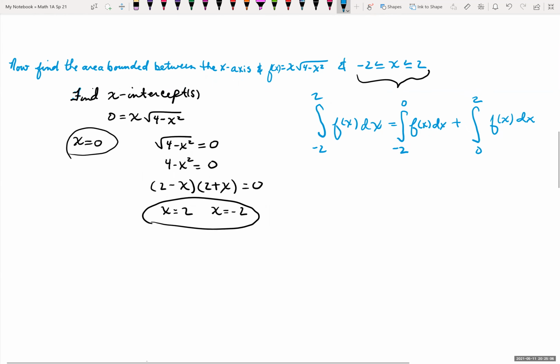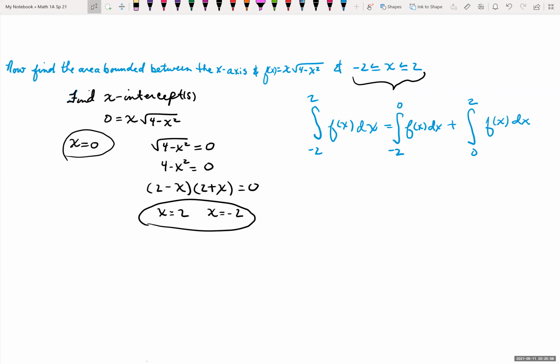Well, we know the area above the curve and below the curve are the exact same number from knowing that this is odd, and we have the same distance from that x value and the y-axis. So we also know that this is the same thing as twice the area of one of these, right? So we could also write it as 2 times the integral from 0 to 2 of f of x dx.